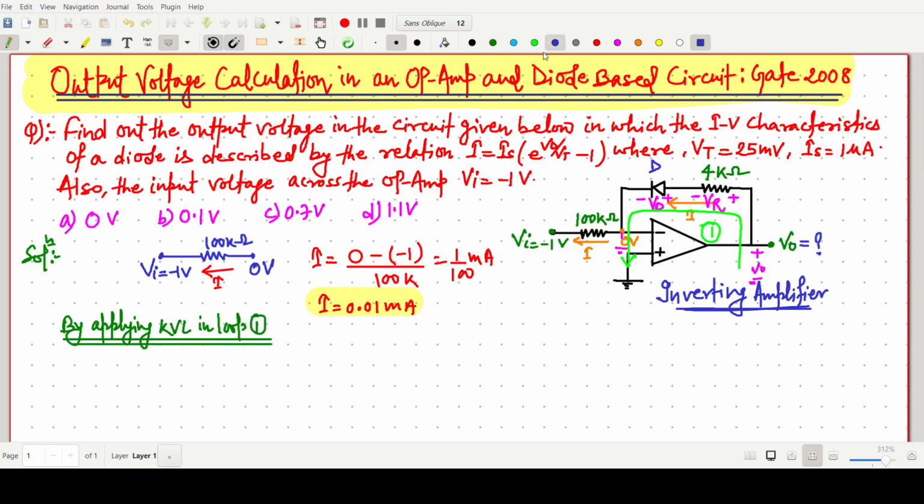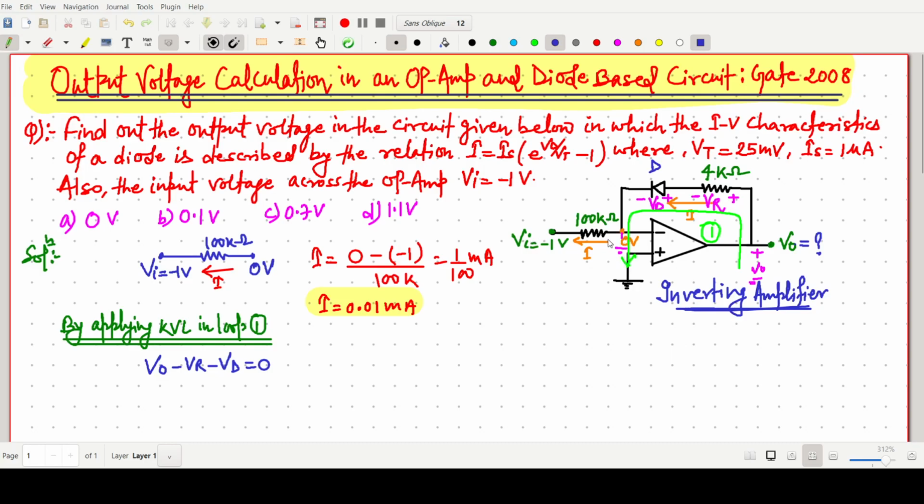What can we write? We can write simply V naught minus VR. You can make your own assumption, but I am writing plus V naught, then minus VR minus VD equals 0, because now it is grounded at 0 volt.